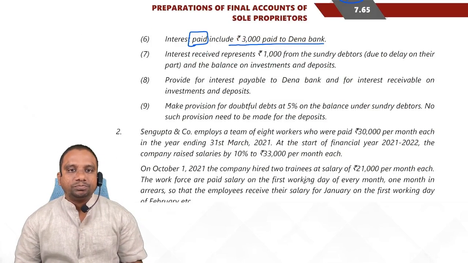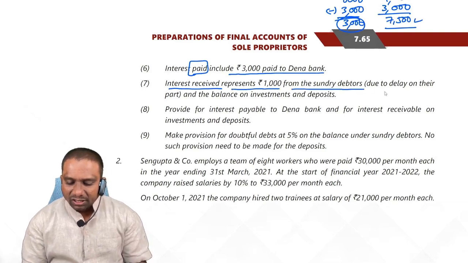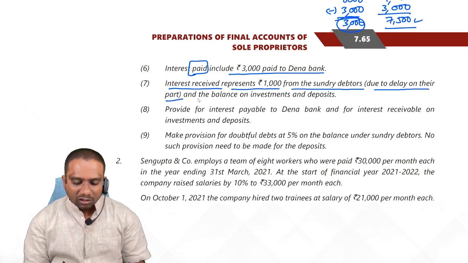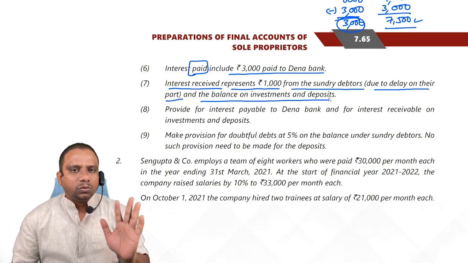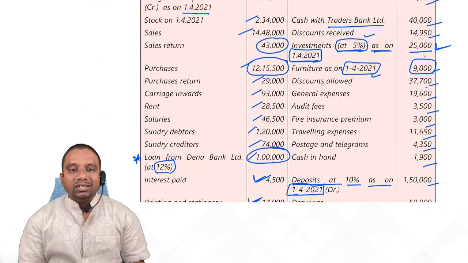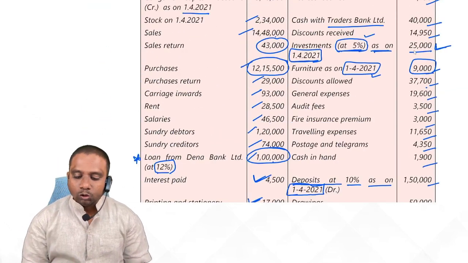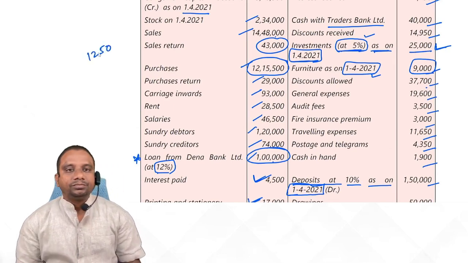Here, next one. Interest received represents 1,000 from sundry debtors due to delay on their part and the balance on investments and deposits. Next important calculation in this problem: observe, on investments how much interest you have to receive. 25,000 into 5% for full year, 1,250.